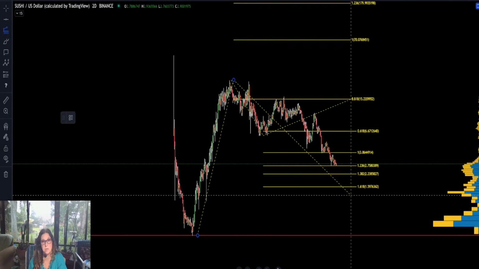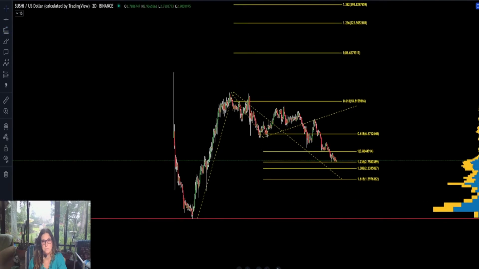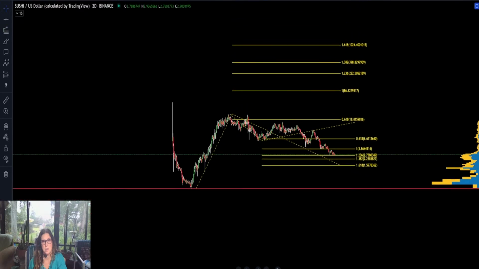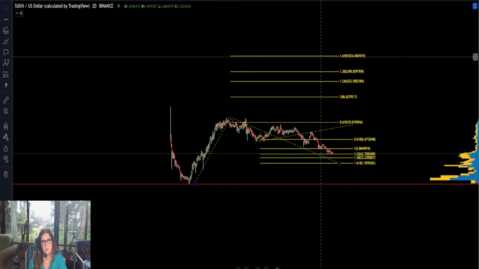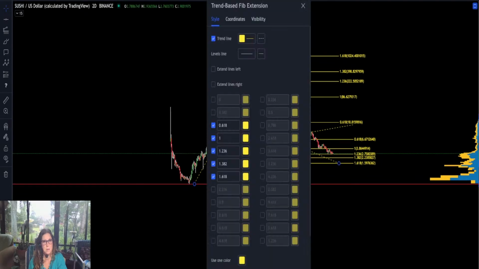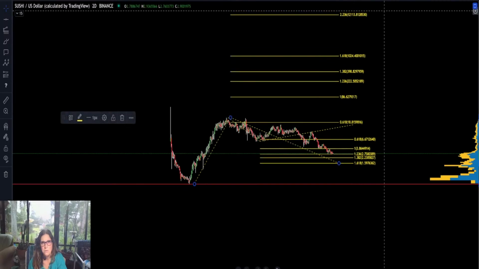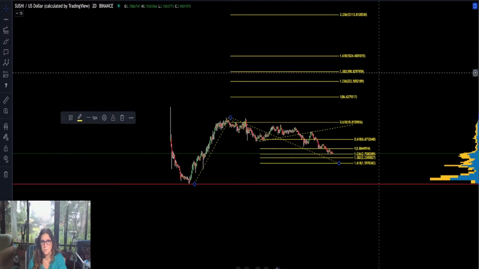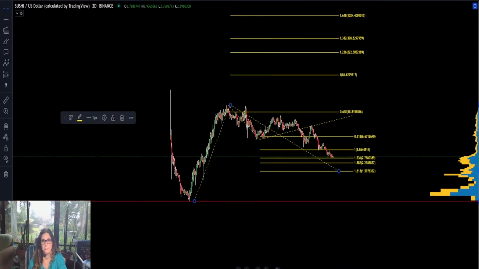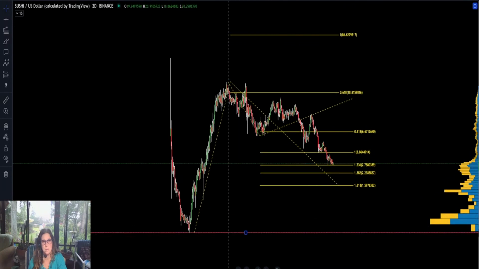So let's just estimate. Let's say it comes down to the 1.618, just for an estimate, okay? We're talking $12,000. The next bull run would be for this thing. All it's got to do is not break this low.